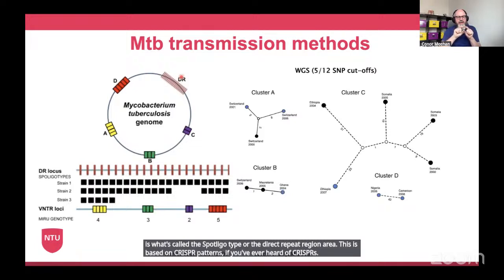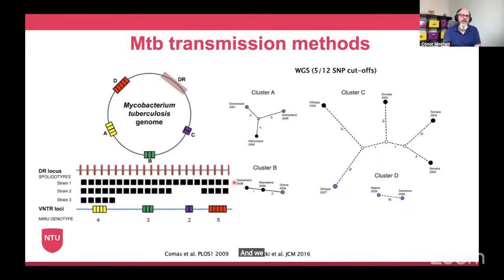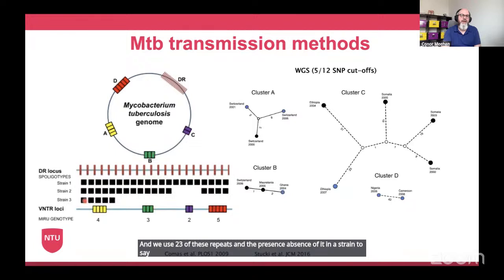This is like the immune system of a bacterial cell, and they will have specific direct repeat nucleotides within a very specific region of the genome. We use 23 of these repeats and the presence or absence of them in a strain to give it a fingerprint.